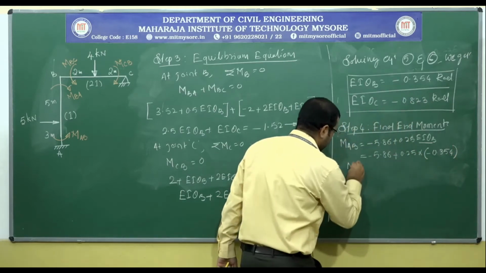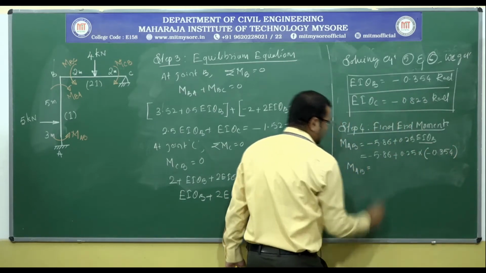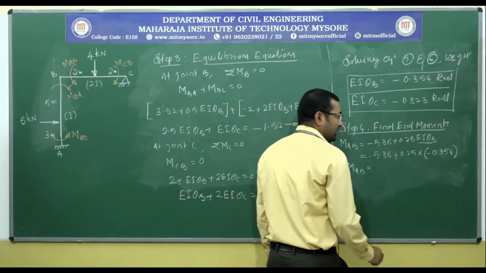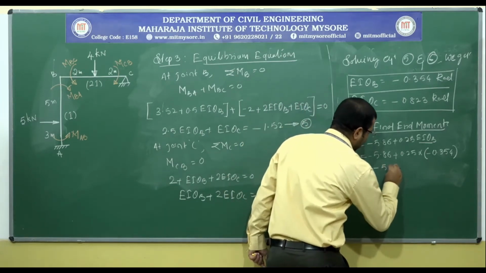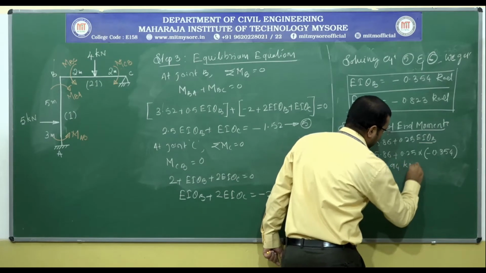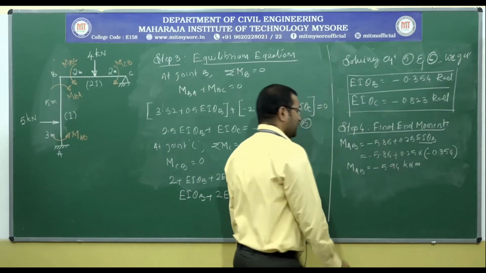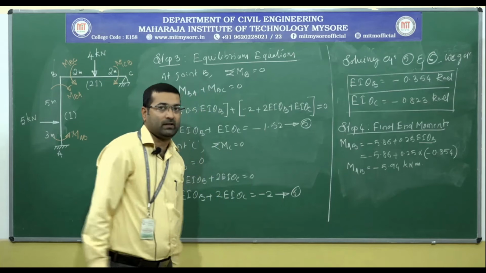So, this gives me a value of MAB as minus 5.94 kilonewton meter. So this is the final end moment.